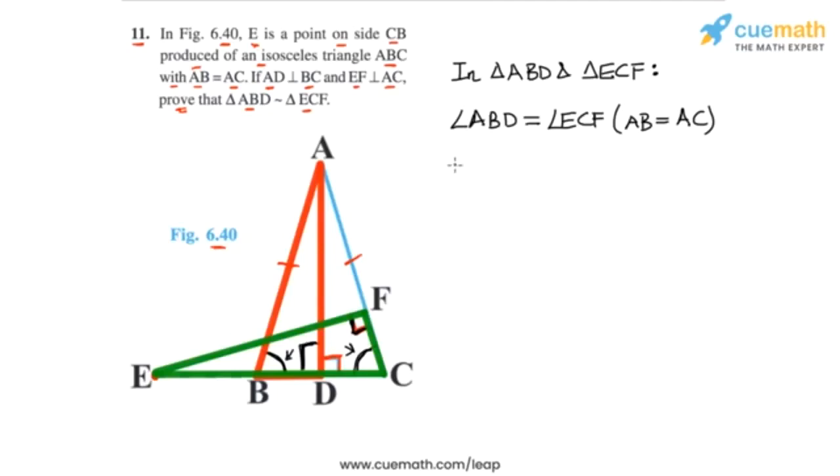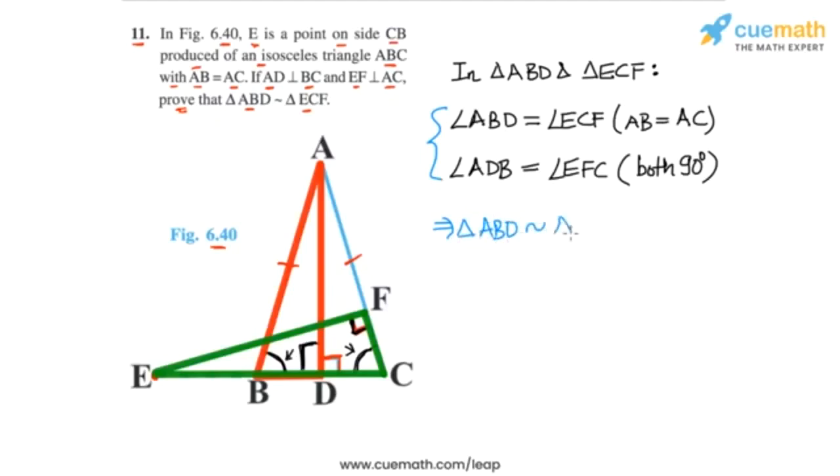And then we have angle ADB must be equal to angle EFC. And what's the reason for this? Well, both of these angles are equal to 90 degrees. Okay, and now from these two equalities, we can say that triangle ABD must be similar to triangle ECF.